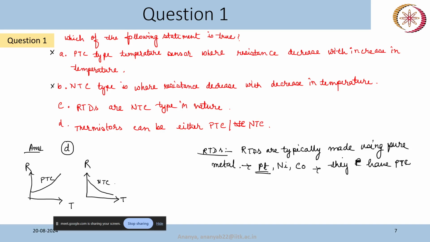We know that in case of metal, the resistance increases with temperature. The metal heats up, resistance increases. So RTDs are mostly PTC type, because they are generally made using pure metals.